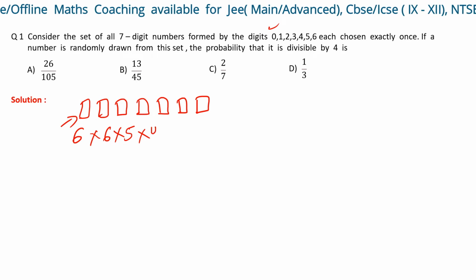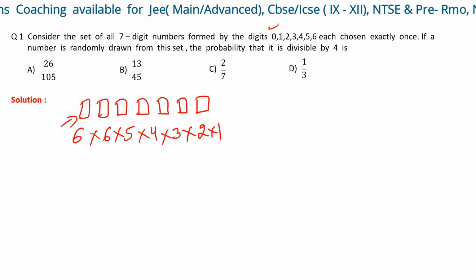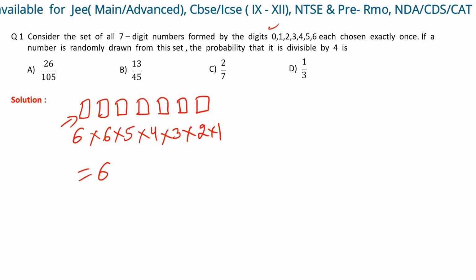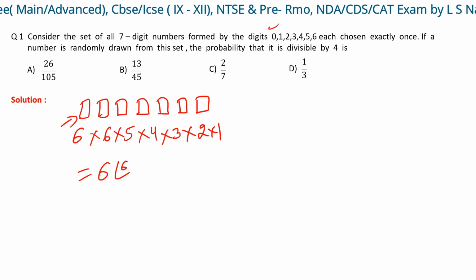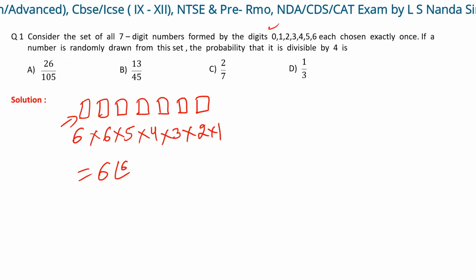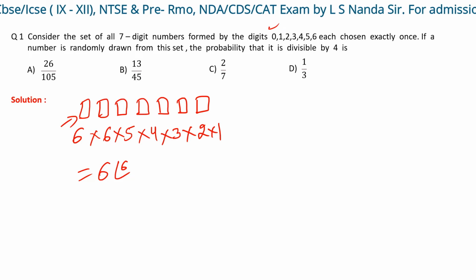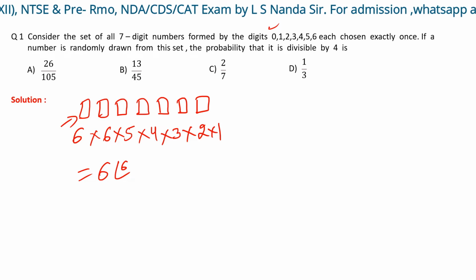So every time we have to reduce 1. By using the fundamental principle of counting, we multiply all of these cases, and this becomes 6 into factorial 6. That means there are total 6 into factorial 6 such numbers. This is going to be our exhaustive number of cases.